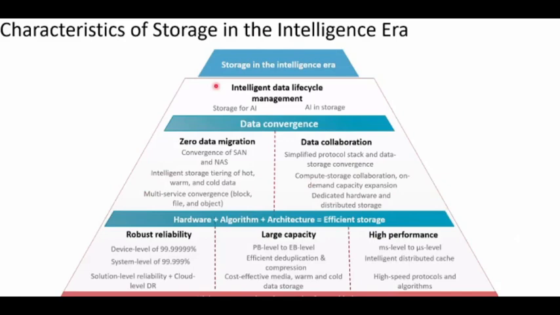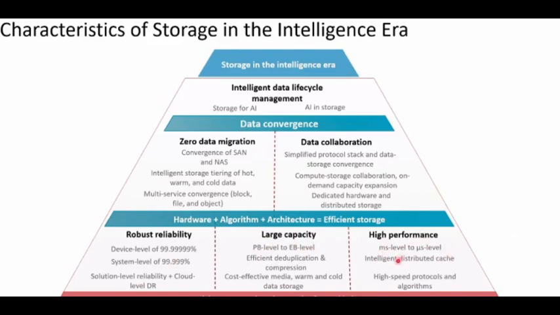Characteristics of storage in the intelligent era. Basically we're starting with hardware plus algorithm plus architecture. Robust reliability: device level of 99.999%, easily achievable with cloud. System level 99.999%, with solutions that are basically on-site and cloud solutions regarding your DR. Large capacity, petabyte to exabyte level of data. High performance, milliseconds to microsecond level, with intelligent distributed cache.